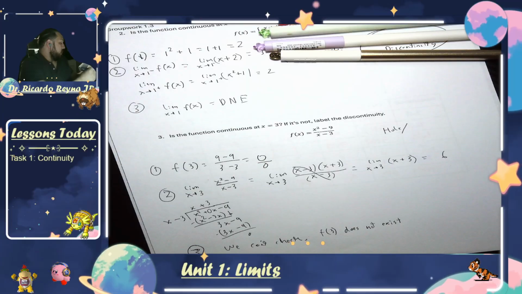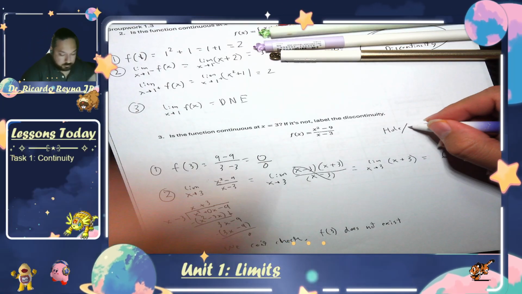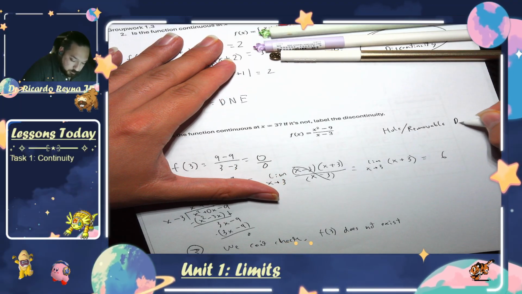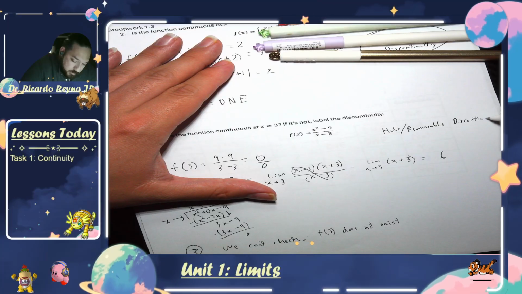They called it a removable discontinuity.